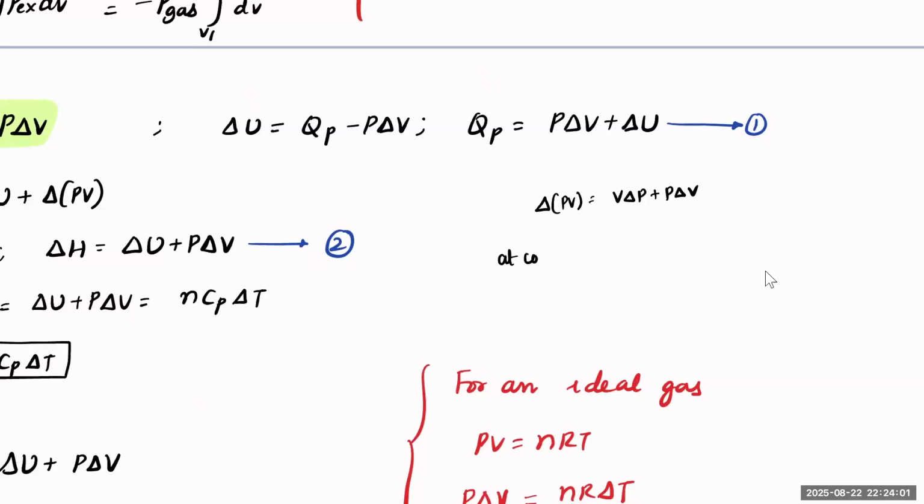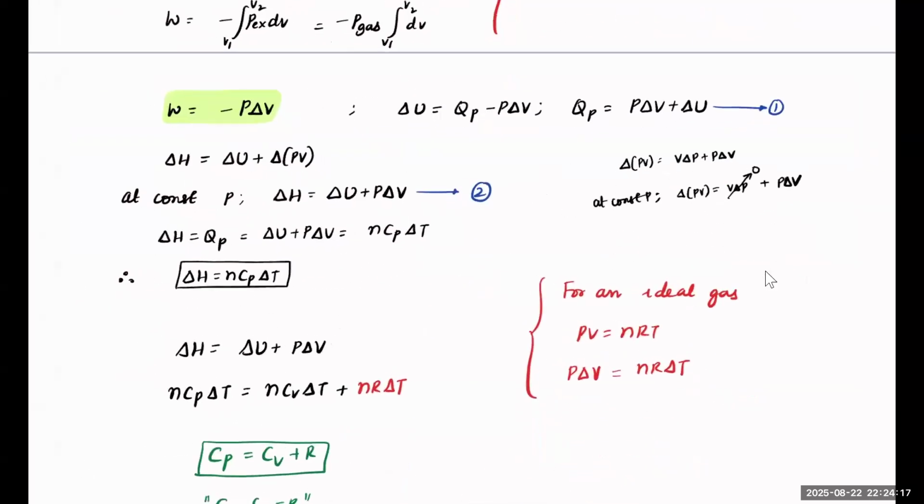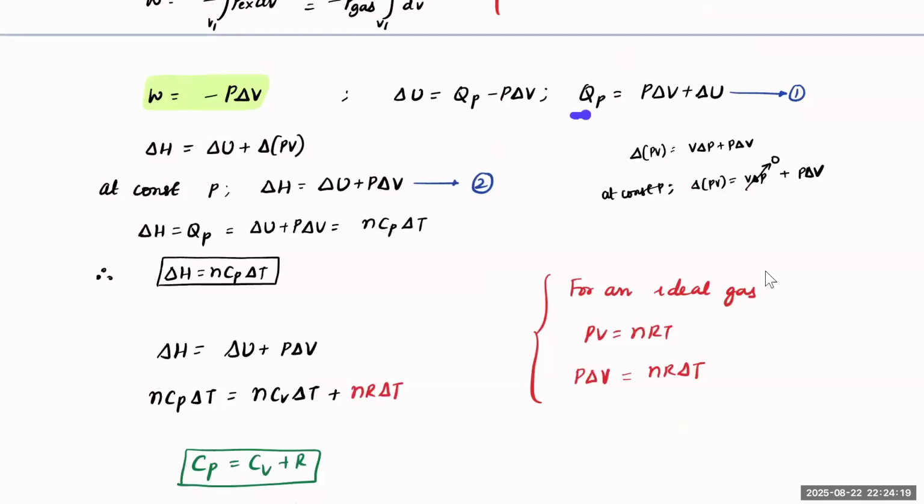But if you write the same equation at constant pressure, then what will happen? At constant pressure, V delta P will become 0 and it will only remain as P delta V. So that's what we have written here. At constant pressure, delta of PV is equal to P delta V.